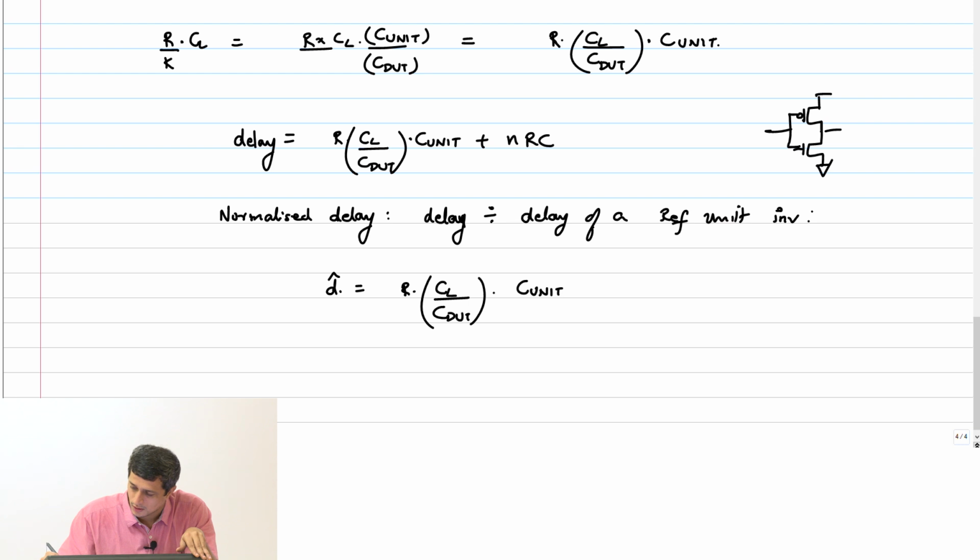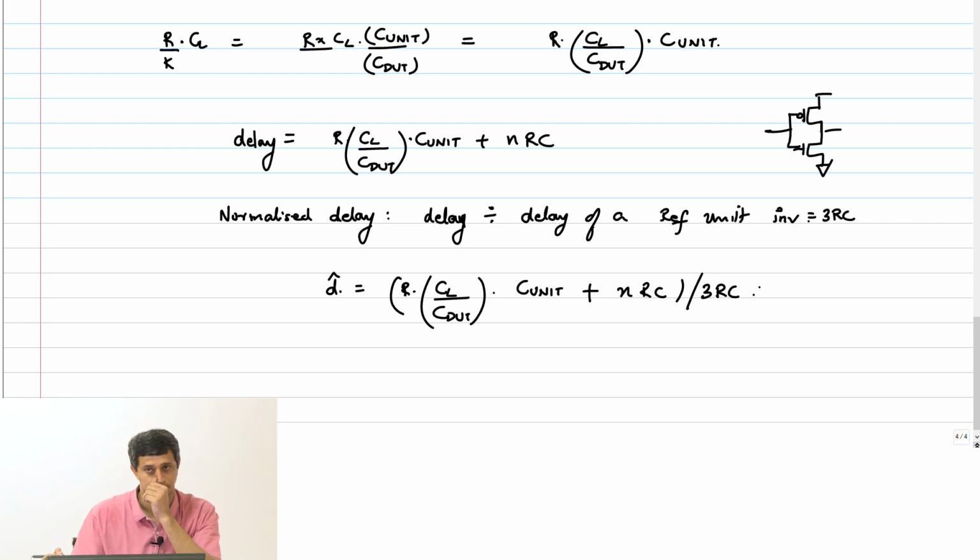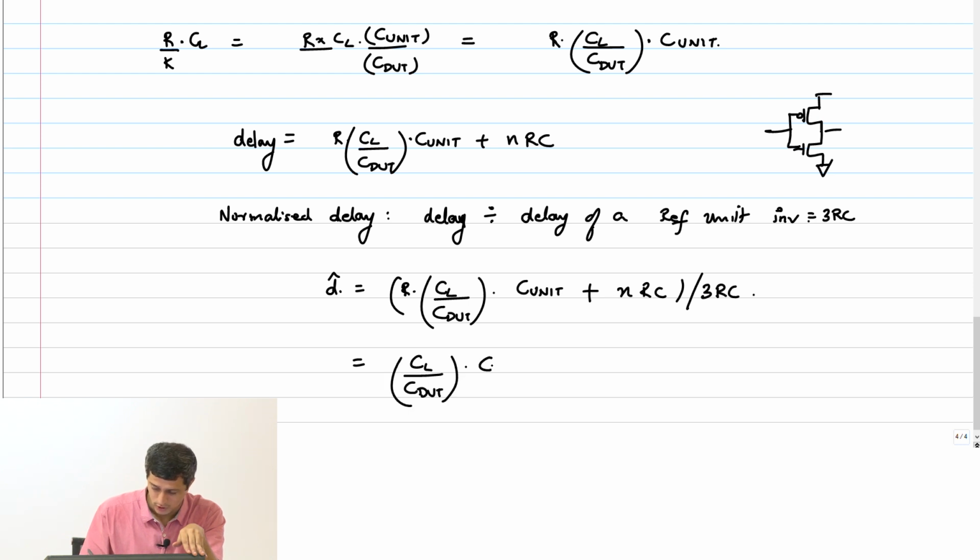So this is nothing but 3RC. Okay. So I am going to add the parasitic delay N times RC, whole divided by 3RC. So now what happens? Your R is gone. You will get CL by C DUT into C unit by 3C plus N by 3.